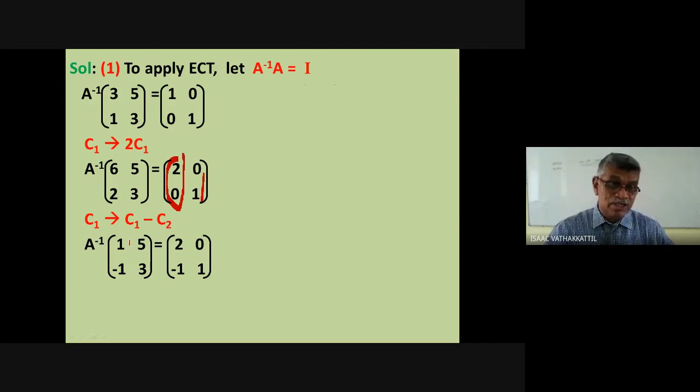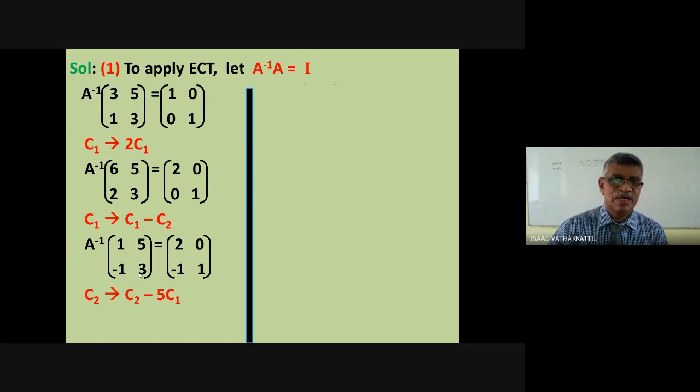Well, after making this 1, I have to make this 0. And to make the 0, there is an easy way. Can some of you tell me how I make this element 0? C2 changes to C2 minus 5C1. I am operating only on columns. So 5 minus 5, 0. 3 minus 1 into minus 5, that is 3 plus 5 becomes 8.